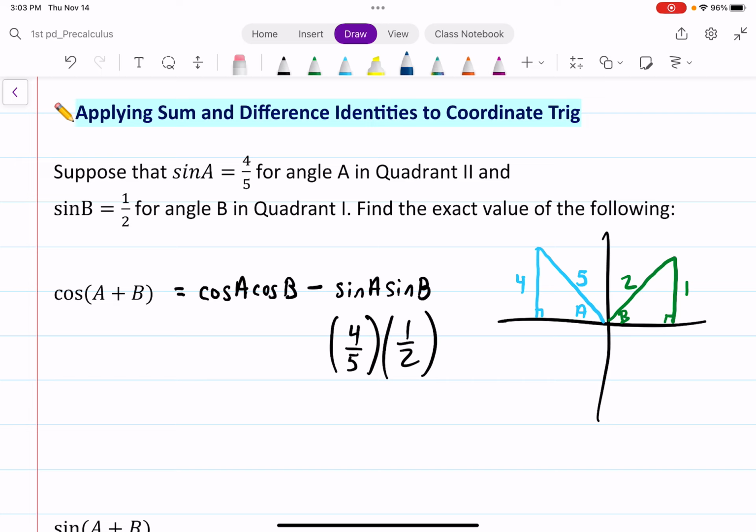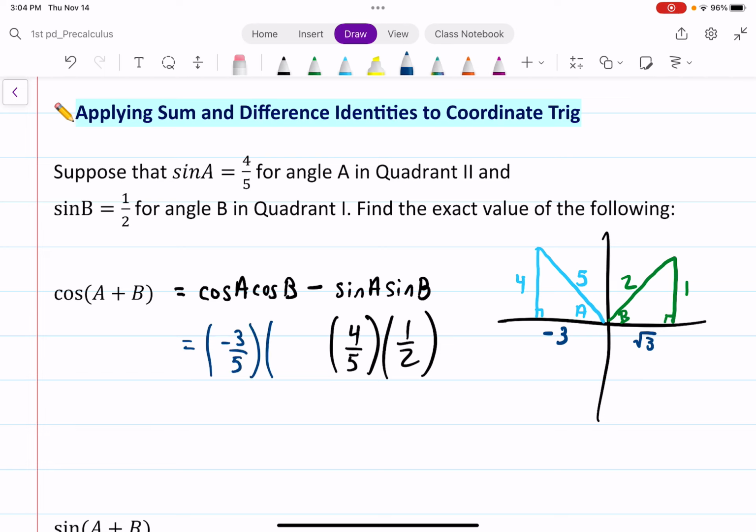Well, if I use Pythagorean theorem, 2 squared minus 1 squared gives us square root of 3. And then the other one, 5 squared, 25, minus 4 squared, 16. 25 minus 16, that would give us 3. But since it's in the second quadrant, negative, right? And so cosine, remember cosine of anything is adjacent over hypotenuse. So cosine of a is negative 3 over 5.